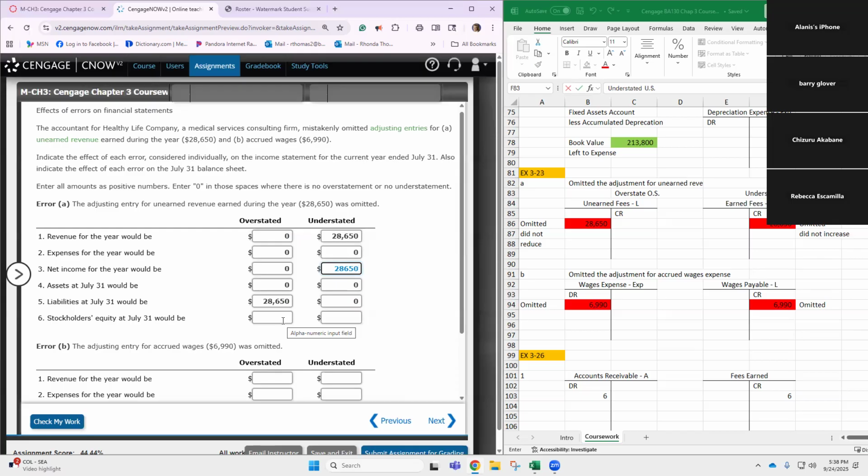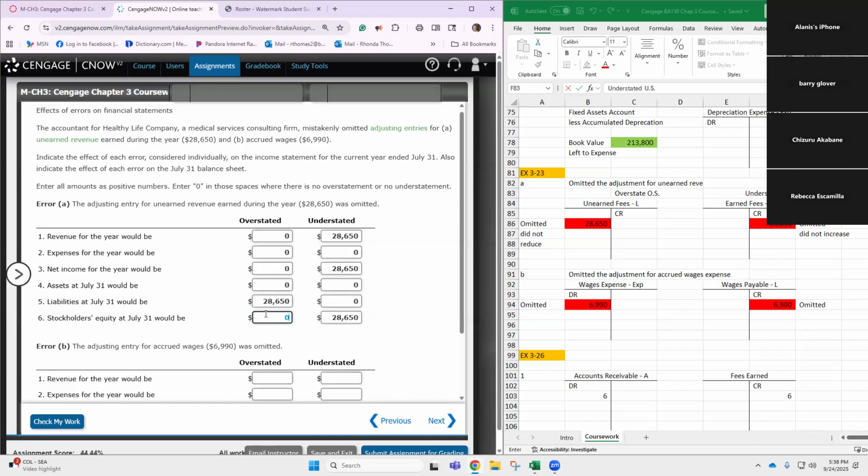Whatever direction revenue is going, up or down, that is what is happening to net income, and that is also what is happening to retained earnings. Stockholders' equity, of which retained earnings is part, is understated by the same amount.